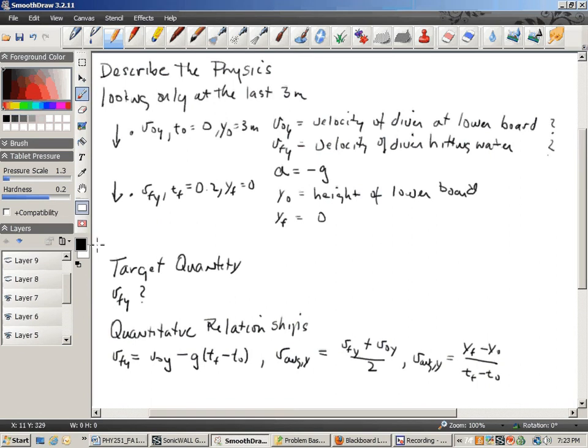And the average velocity in the y direction is also equal to the final position minus the initial position over the final time minus the initial time. And you'll note that in the average middle term I have corrected the sign.